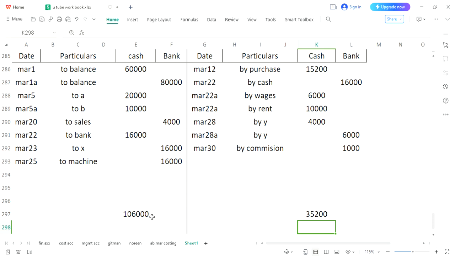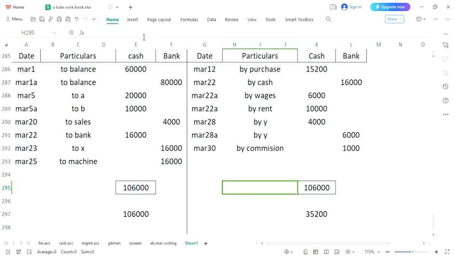Second step is the larger sum. Look at this, this is 106 and this is 35. So the larger sum is 106. We will pick this larger sum and write down 106,000 over here, and please note it down. The same total would be posted on both sides.